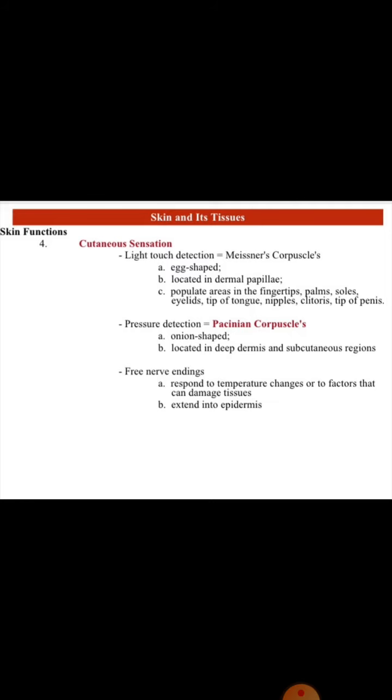So these light touch detectors, Meissner's corpuscles, are present. Then pressure detection, that is Pacinian corpuscles. These are onion shaped, located in deep dermis and subcutaneous regions. Then free nerve endings, that respond to temperature change or to factors that can damage tissue, and extend into the epidermis.